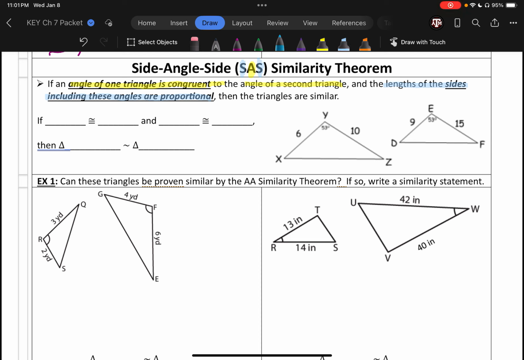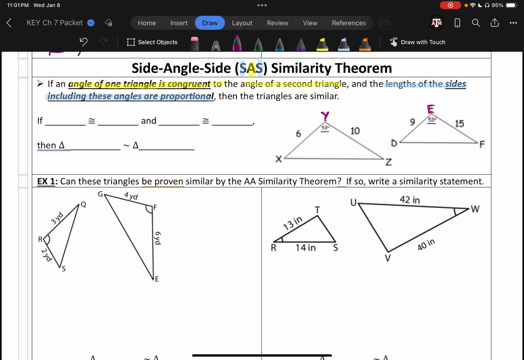So in this case here, what we would be looking at is side angle side, and this is a little bit messed up here in the notes, so we're going to fix this. If I'm looking at SAS, the first thing I need to be able to see is, do I have a congruent angle, right? Is this angle Y congruent to angle E? Well, yeah, they're congruent because they both measure 53 degrees.